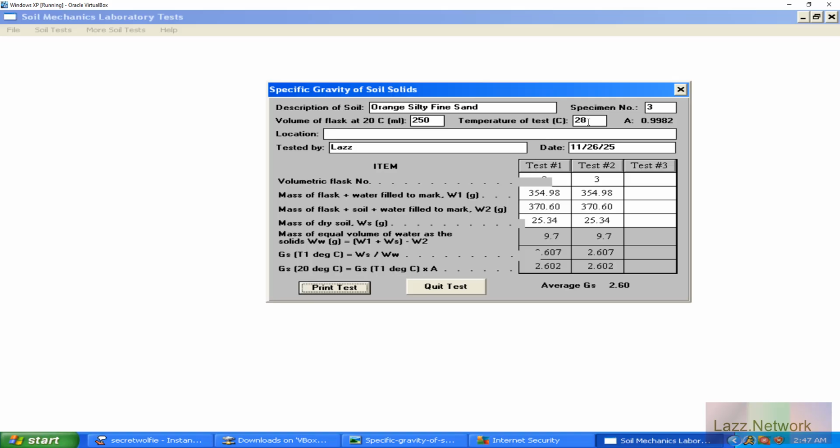It seems that way. So I'm wondering if I change this to 25 degrees, what happens to 0.9982 when we do 20 degrees. It doesn't seem to update. Yeah, that's weird. So it is doing that, but when does this update?